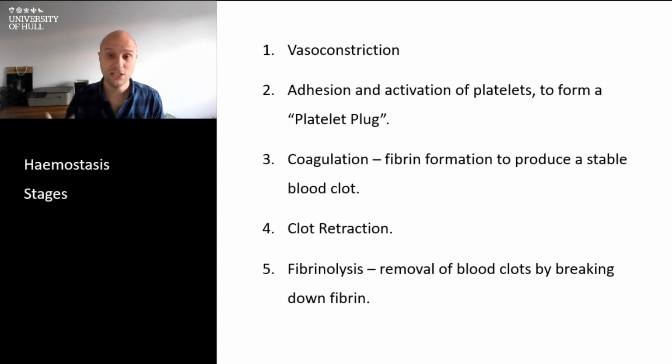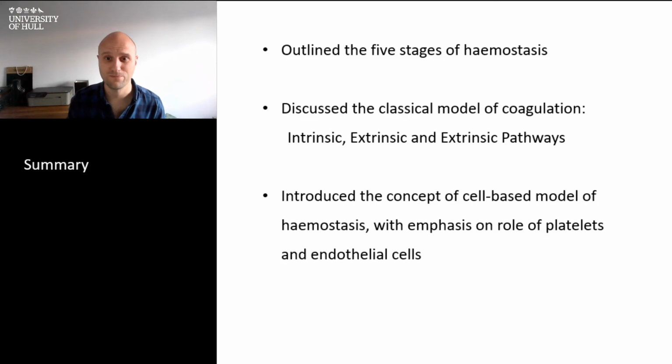We have adhesion and activation of platelets, which come together to form a platelet plug, and we would refer to that as primary haemostasis. Coagulation, where we have the fibrin formed to reinforce that platelet plug and have a more stable clot. Clot retraction, which we'll explain in a future tutorial. And then finally fibrinolysis, where the clot is broken down when it's no longer needed, and you then have good flow through the blood vessels.